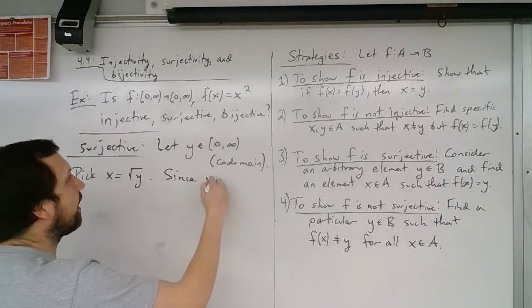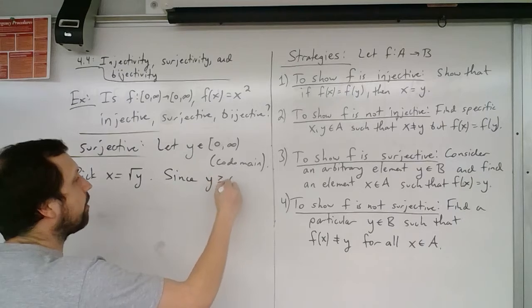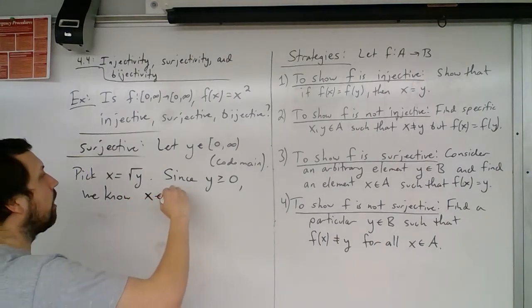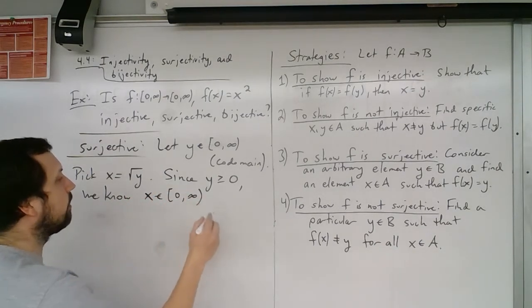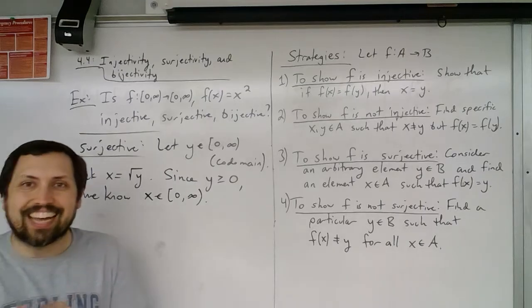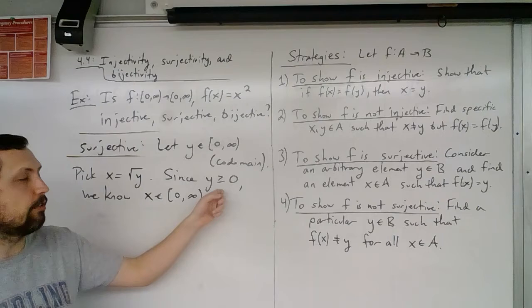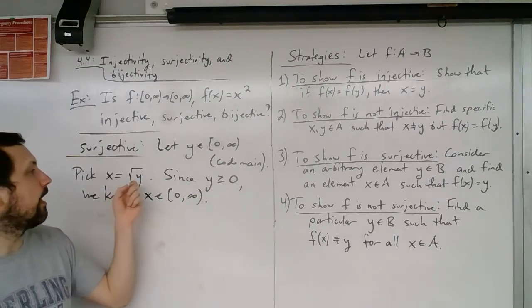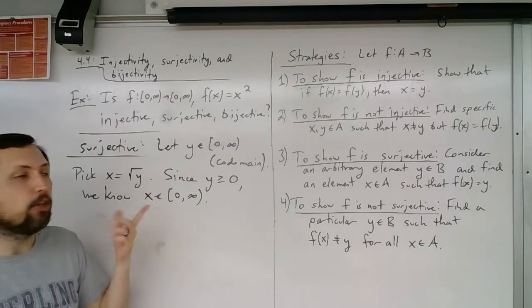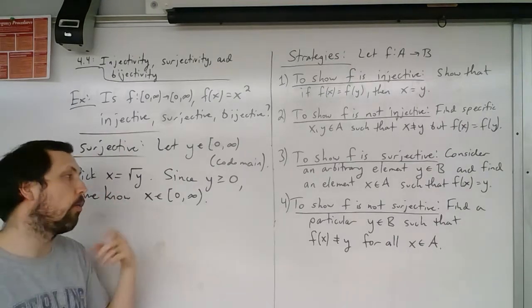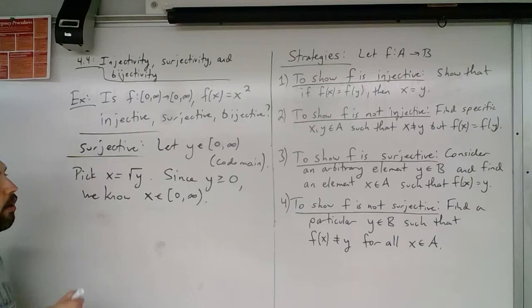Since y is greater than or equal to 0, we know that x is an element of 0 to infinity. Since y is non-negative, we can take the square root of it and it's well-defined. So x is a well-defined number, and it's also always greater than or equal to 0.